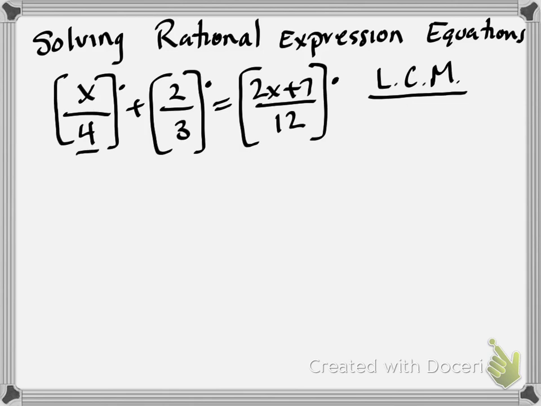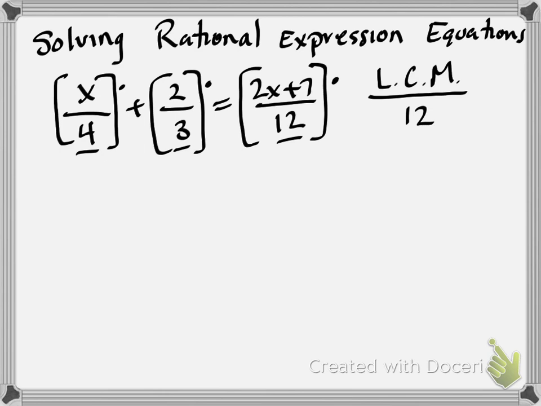So we're looking at 4, we're looking at 3, we're looking at 12. What is the smallest number that all three of those numbers can divide into evenly? And if you notice, 12 would be that number. There's a way using prime factorizations to figure that out.